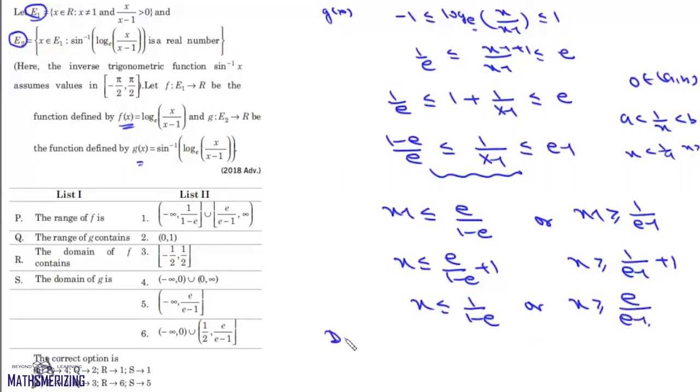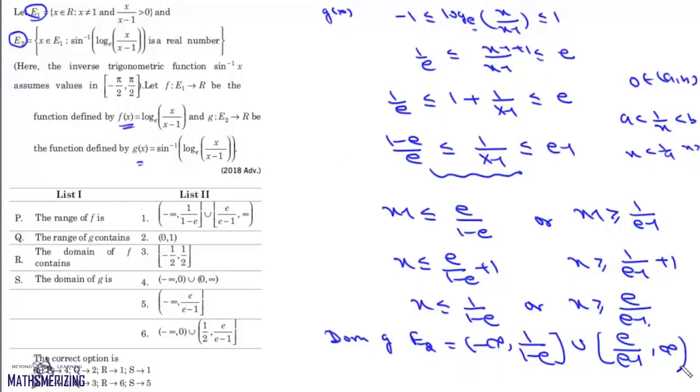So the domain of this function g, which is E2, is defined as minus infinity to 1 upon 1 minus e inclusive, union e upon e minus 1 to infinity, and that's your option 1. So this S matches with 1.